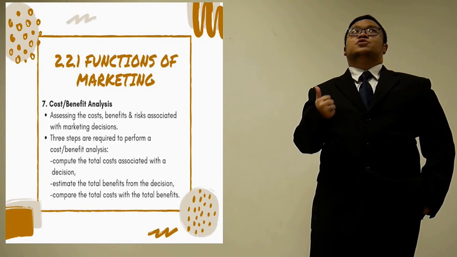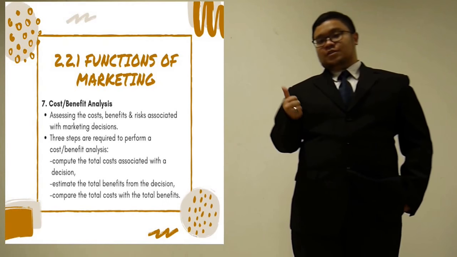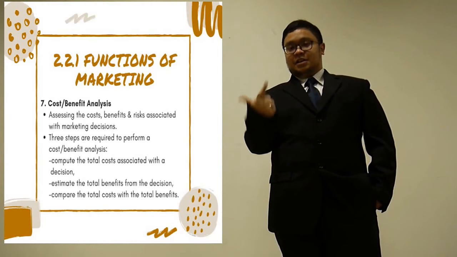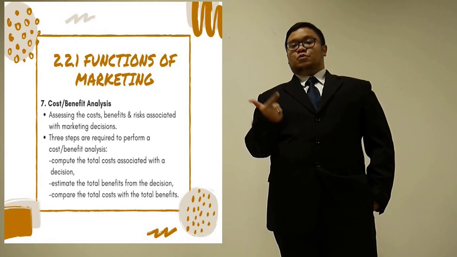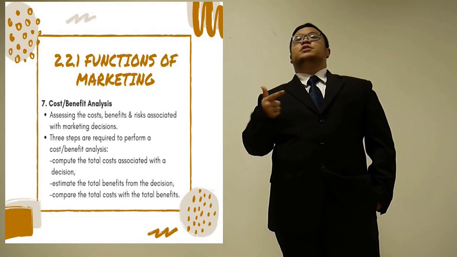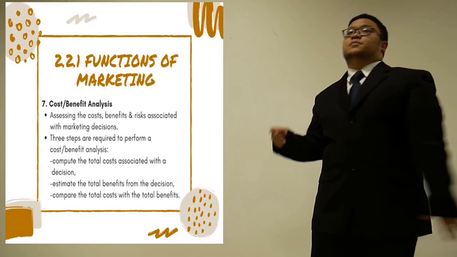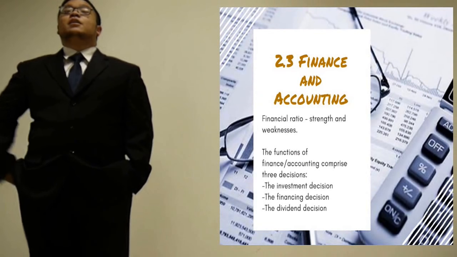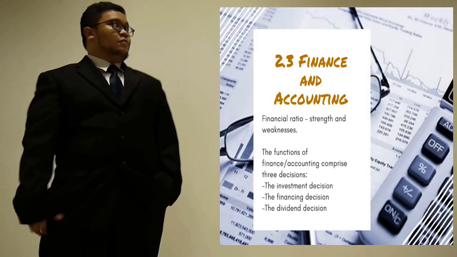First is to compute the total cost associated with a decision. The second one, to compute the total benefit from the decision. And the last one is to compare the total cost with the total benefit. So there are just 3 steps. So follow up to the next one.